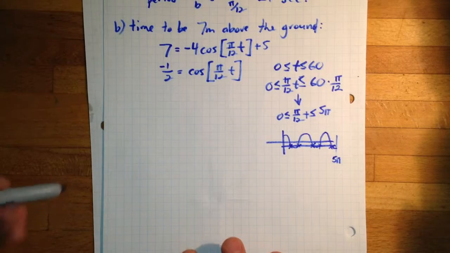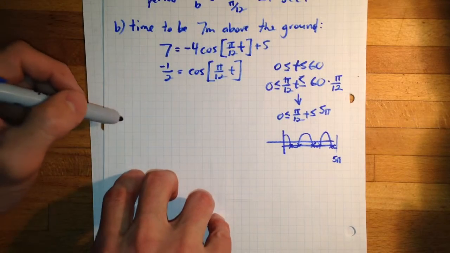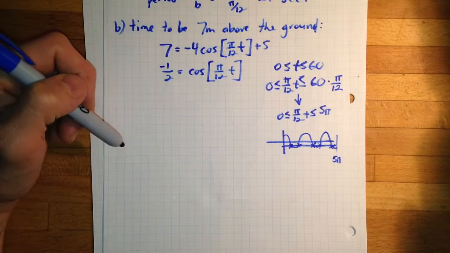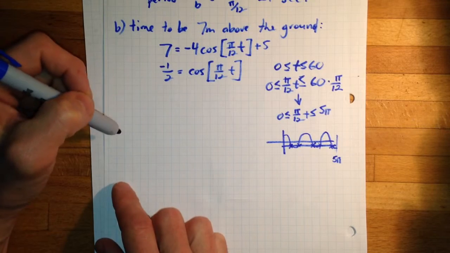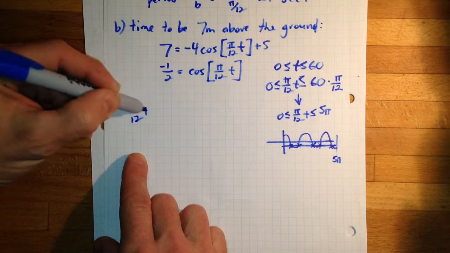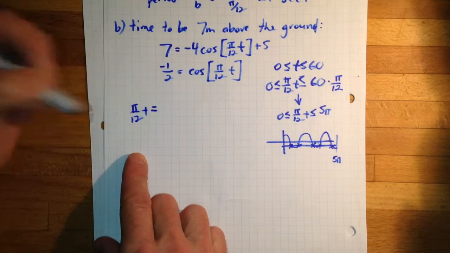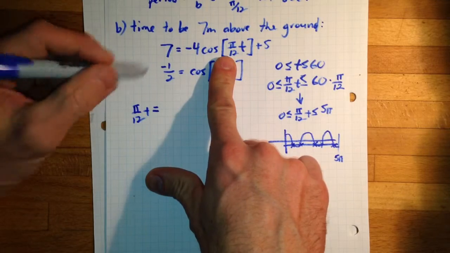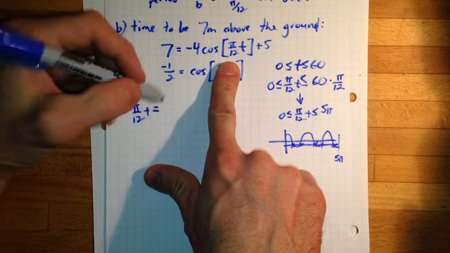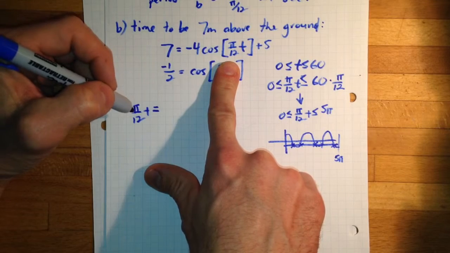Okay, so that means that when we solve this, we're going to make sure that we have, at the very end, 5 solutions. Okay, so what I'm going to do is say that pi over 12t is, and I'm just going to solve this, cos has a value of negative 1/2 at 2 spots.